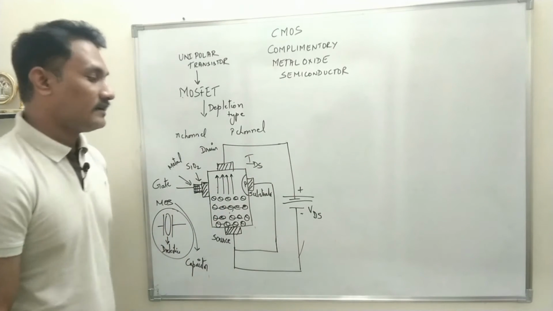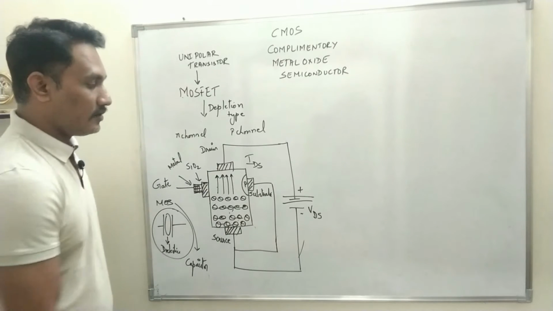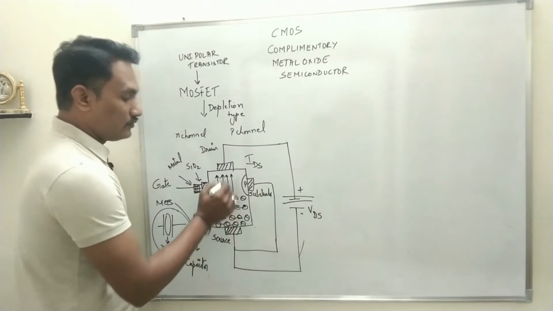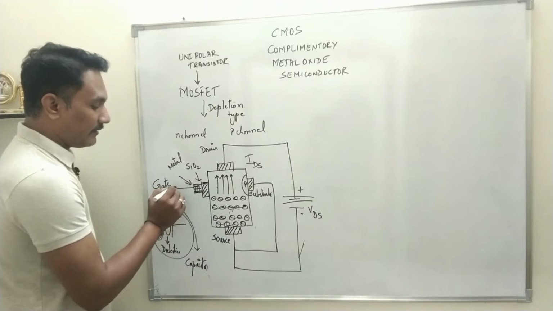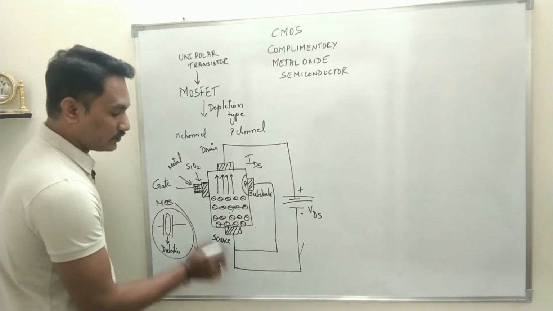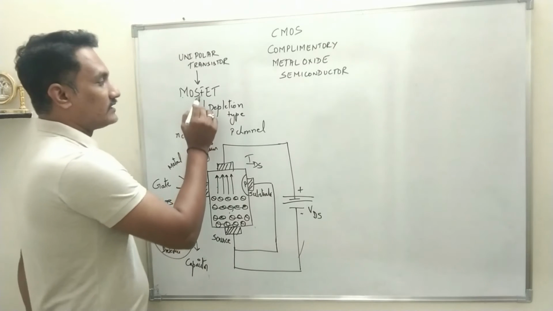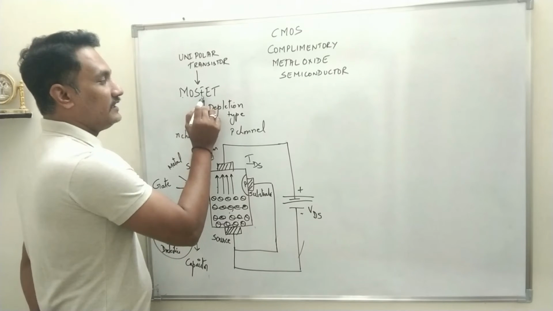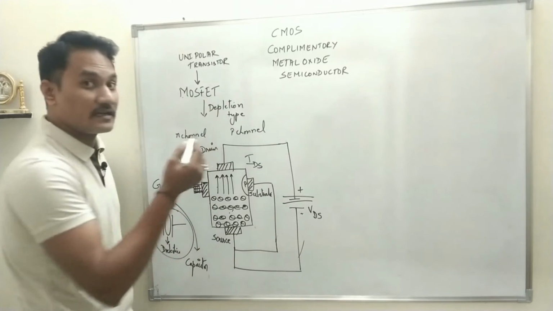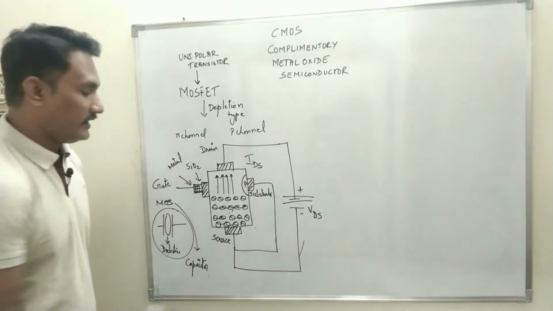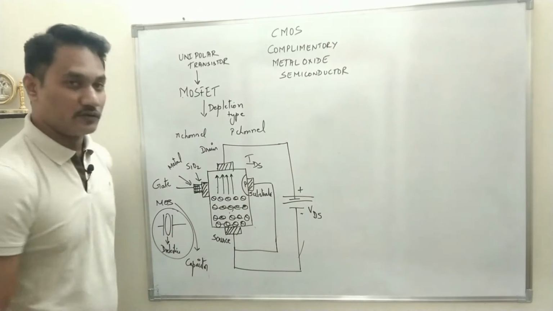constituting current IDS. Now the current flowing through the transistor will be controlled by the external field applied between gate and source. That is why it is called a FET, field effect transistor. The external field which you apply will affect the current flowing through the transistor.